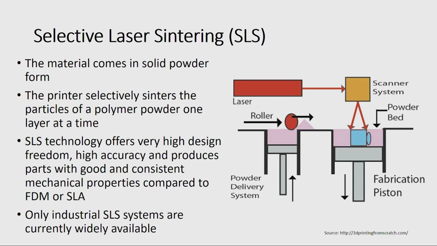Initially the piston in the reservoir will be at the bottom, and the full material will be stored in the reservoir, and in the build volume, the fabrication will be at the top side, and the roller here will move from the left side to the right side.